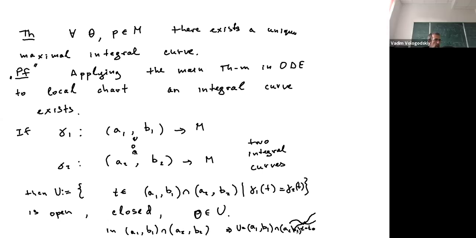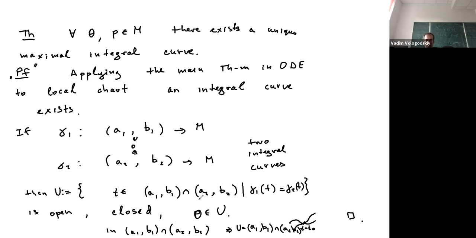And this is enough. In particular, it shows that there exists a maximal integral curve. Because if you have two curves defined on different intervals, then there exists an integral curve which is defined on the union of these two intervals, because the two integral curves agree on the intersection, so you can extend it to the union.